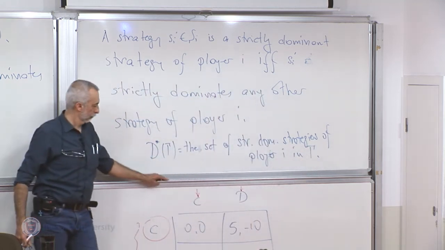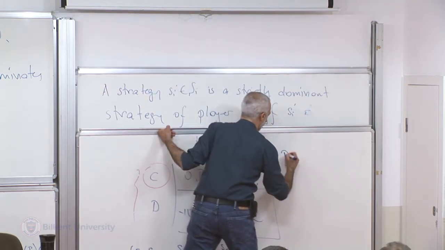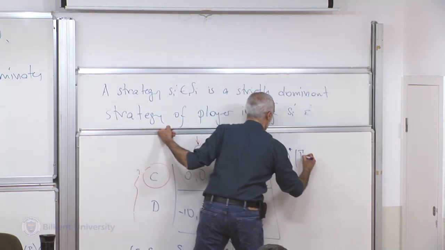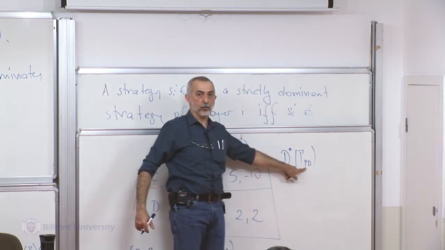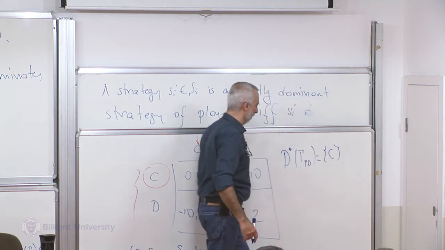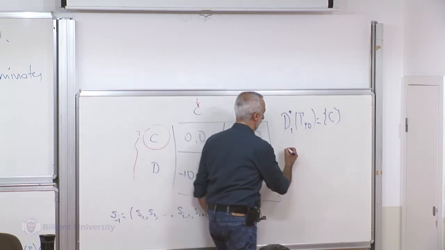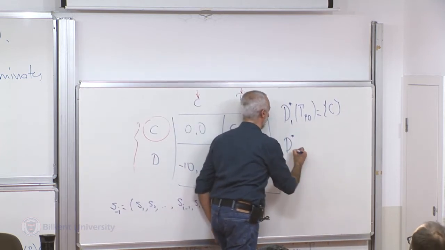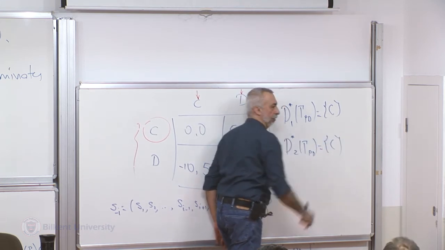Okay? So in the prisoner's dilemma game, D1 star of gamma PD, I will use this notation to denote the prisoner's dilemma game, just consists of C. Similarly, D2 star of gamma PD is also equal to C. Okay?